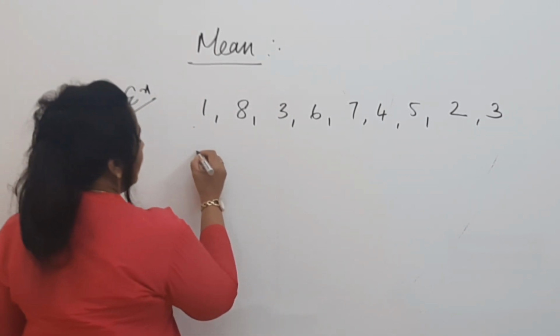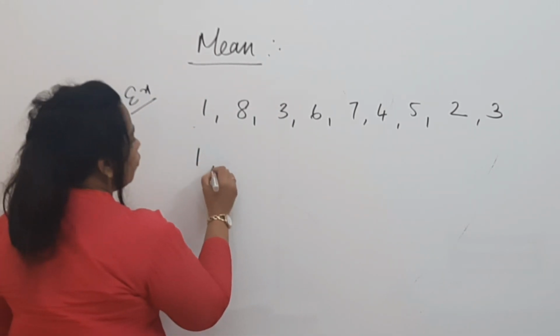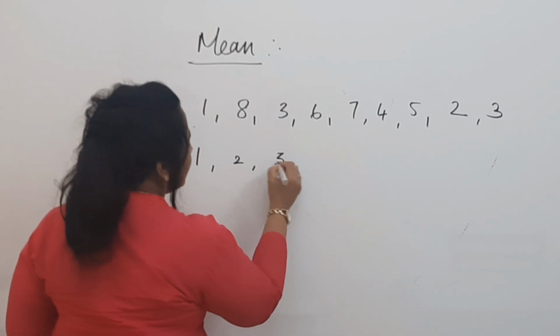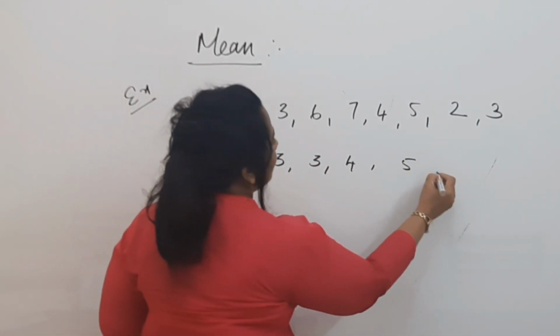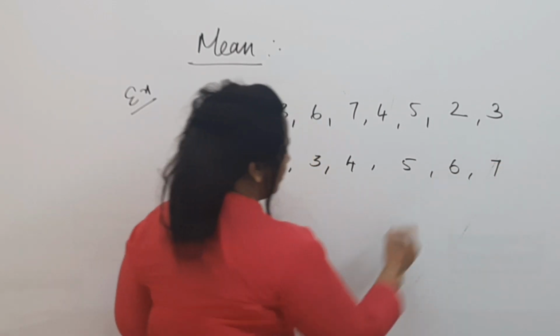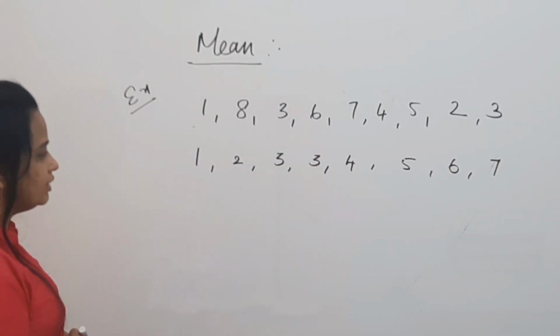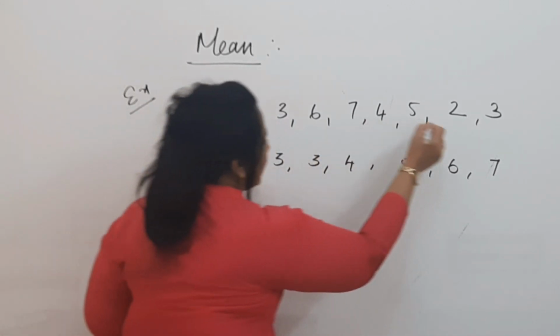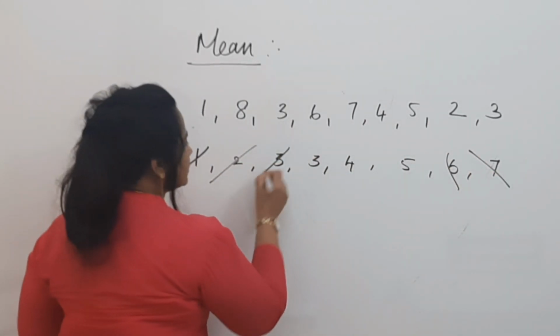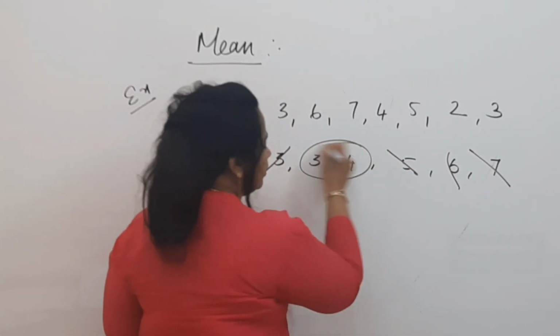So let my data be arranged 1, 2, 3, 3, 4, 5, 6, 7, 8. I have my data like this now. The median is nothing but the middle value.